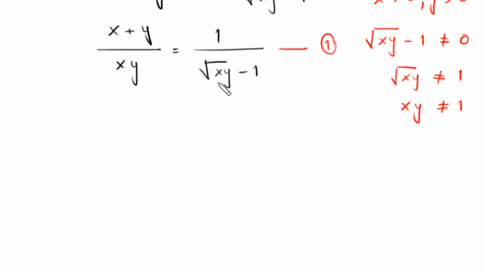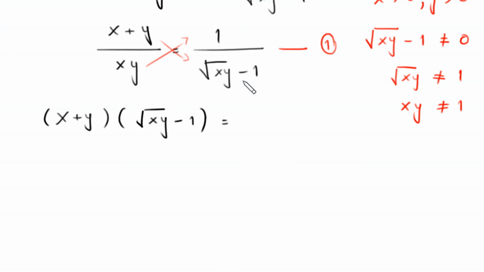So we use cross multiplication. We multiply this x plus y by this expression, and we multiply this xy by this 1. So this will become (x plus y) times (root xy minus 1) equal to xy times 1, which is xy.